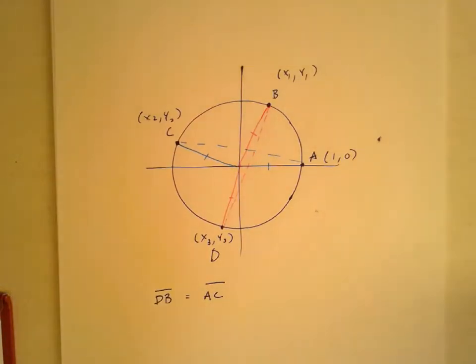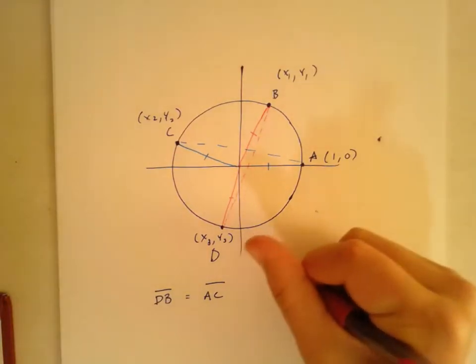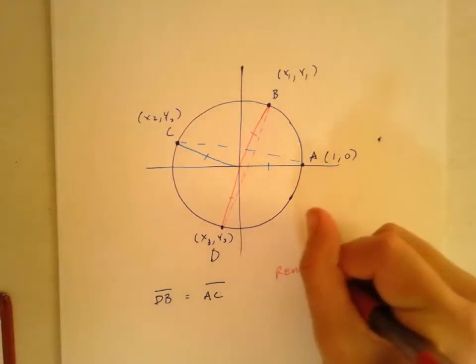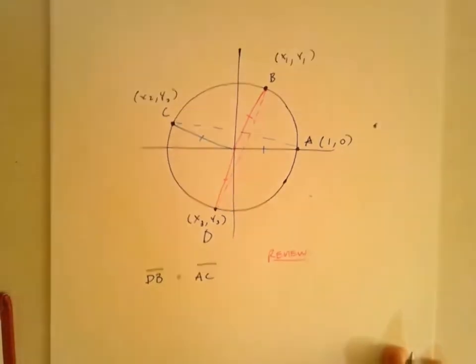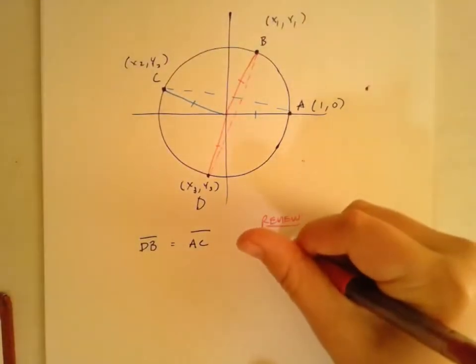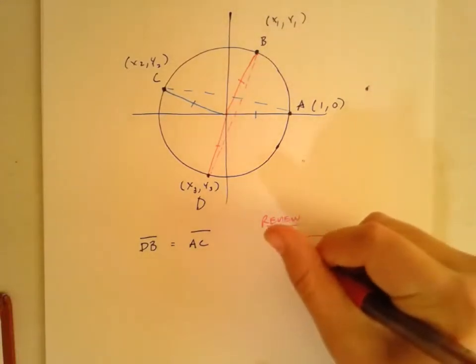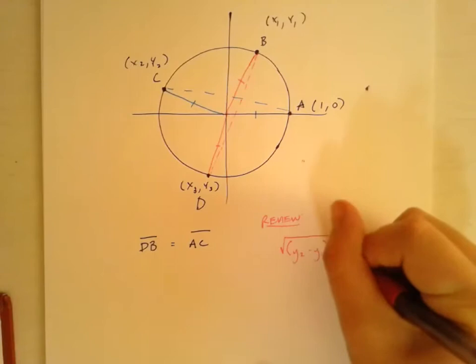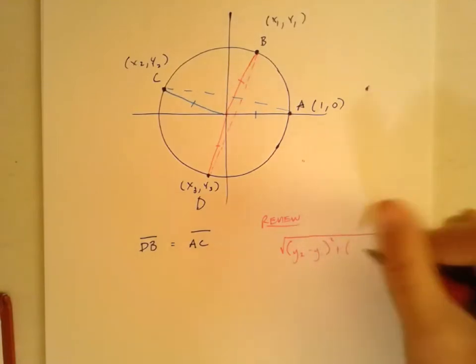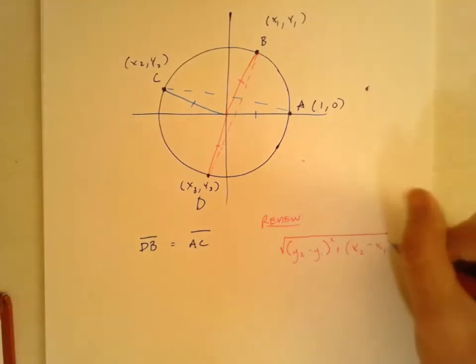I'm going to give you a quick recap over here on the right of what the distance formula is, because it may be something that we've forgotten. The distance formula is the square root of y2 minus y1 squared plus x sub 2 minus x sub 1 squared.